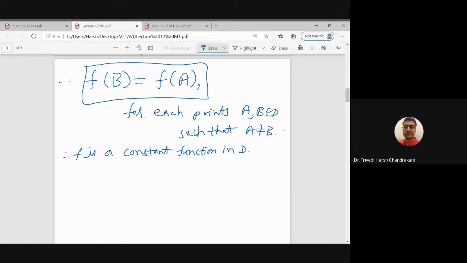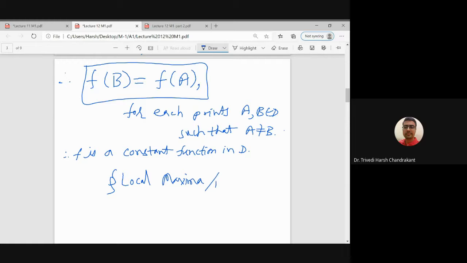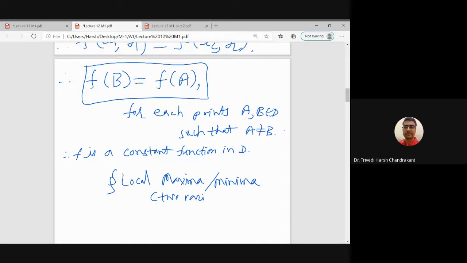Next, we want to study an important topic which is related to optimization. So that is known as local maxima, minima. So again, two variable case. So we have a function of two variables here.